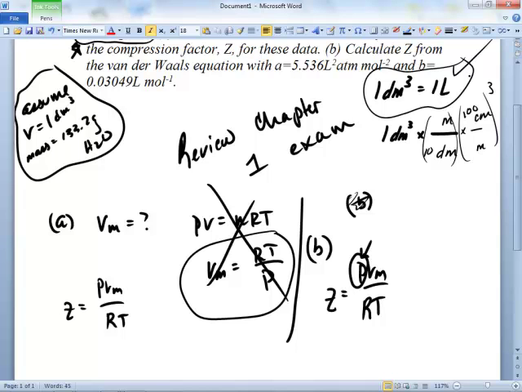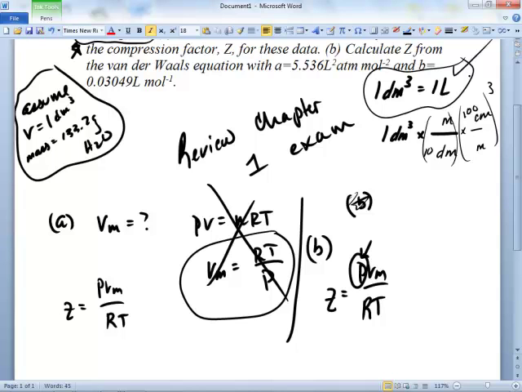If not, I'll see how much of this conceptual stuff you know. We need to know the Z is less than 1, greater than 1 stuff, right? Oh, that's conceptual stuff. Z is less than 1. That means, well, first, if Z is 1, what's going on? It's behaving ideally.